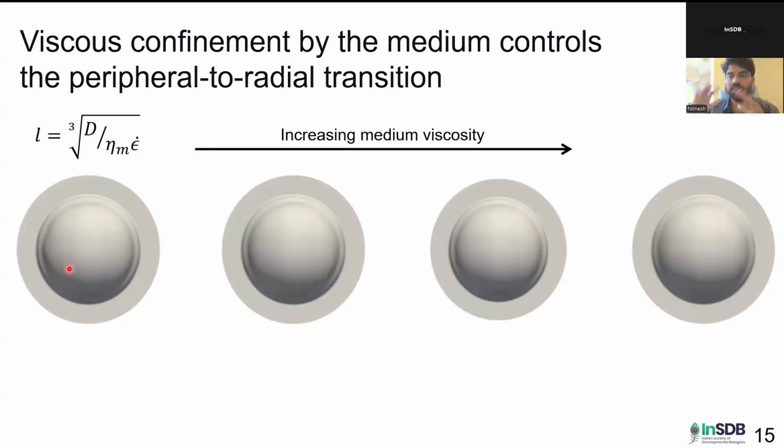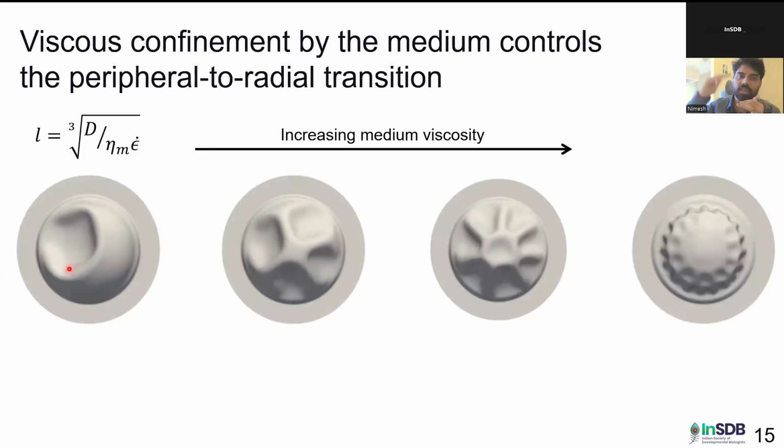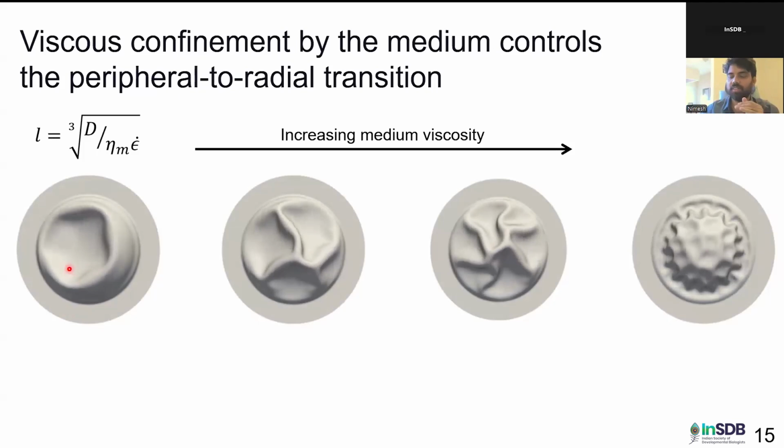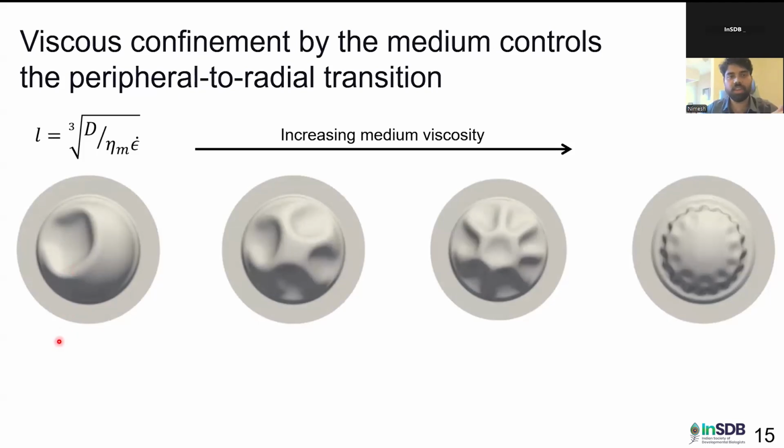So the tissue makes a compromise where it deforms at a smaller level at multiple places. So here you can see the length scale affected. Just by increasing medium viscosity, the length scale goes down. This is the length scale for the dimple, and the dimples get shorter and shorter. And this is what produces radial folds.